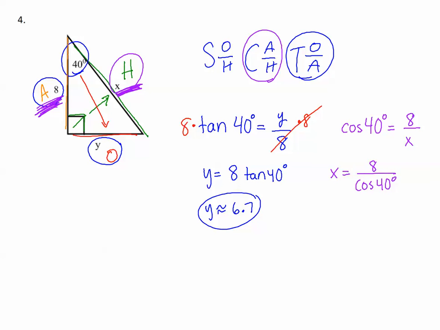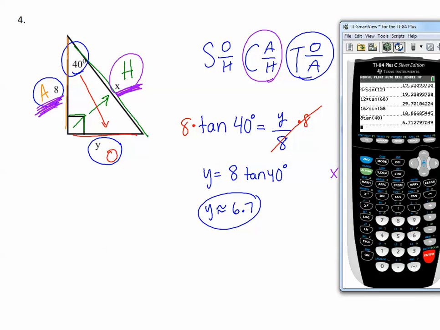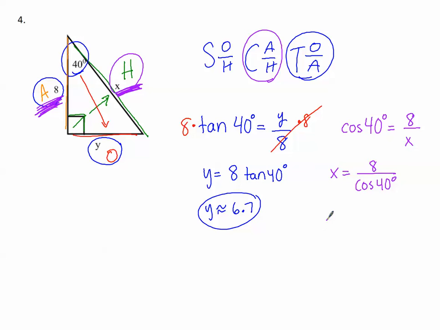Go to our calculator. 8 divided by cosine 40, 10.4. The 4 is too small to make that a 5, so 10.4 it is. x approximately 10.4.